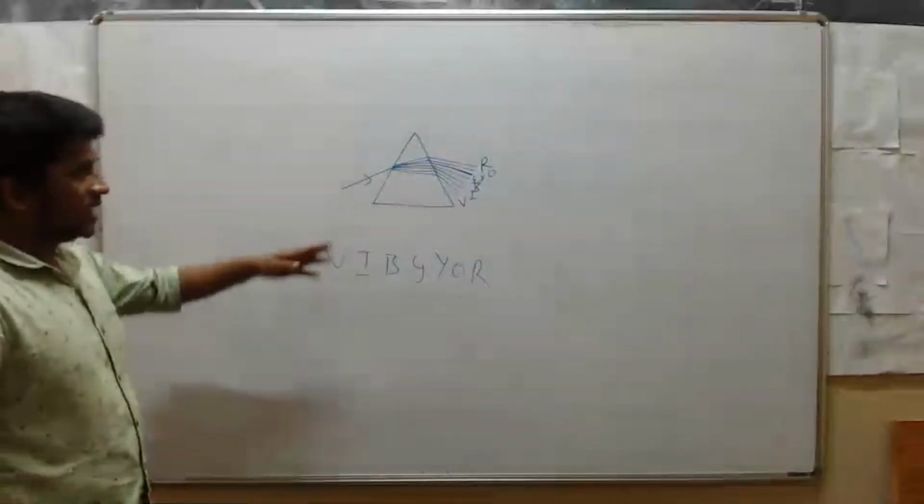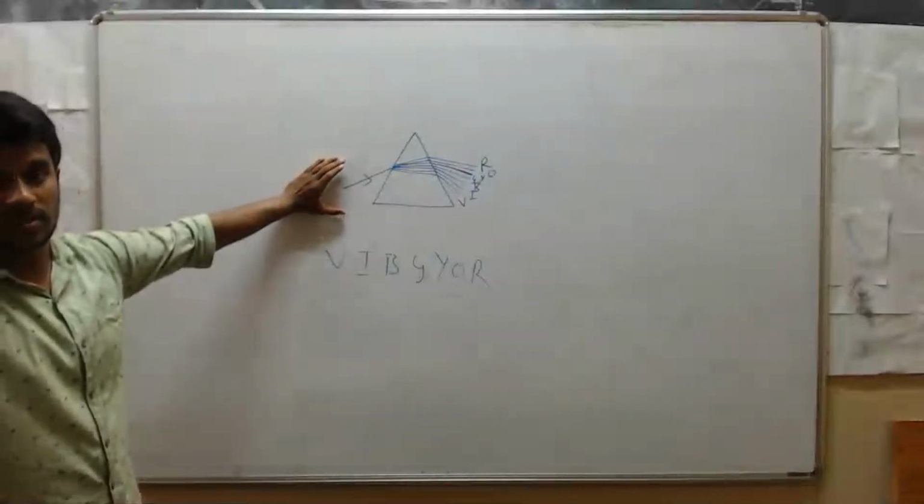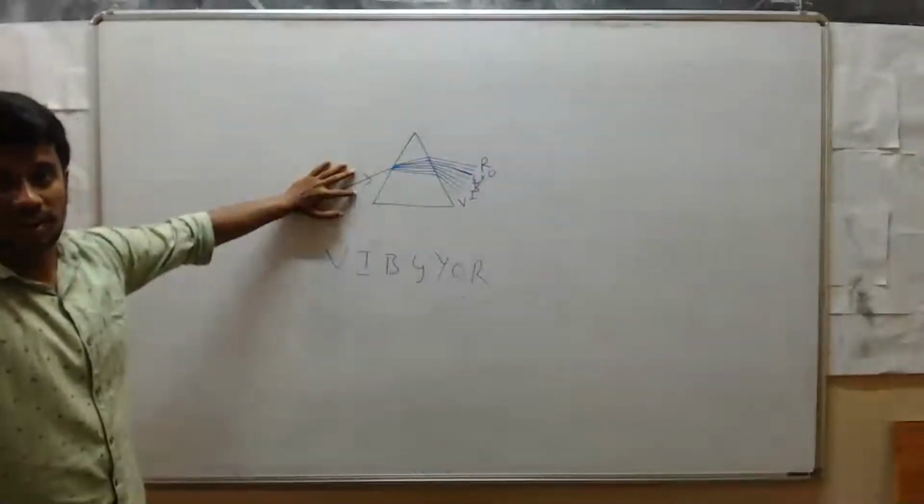See here, this indicates that white color is made up of several colors.